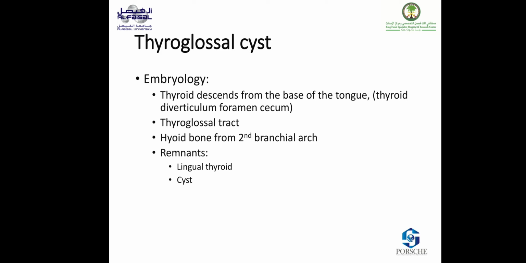Then it will diverge into both lobes connected by the isthmus for the thyroid. Within that track, something could remain, and that's where you get the thyroglossus remnant. Okay? And most of the time, it's a cyst.